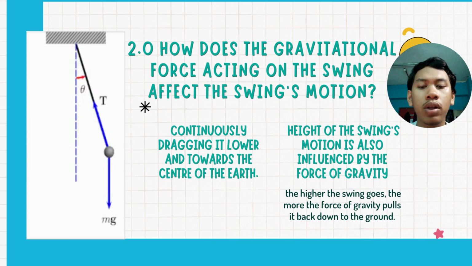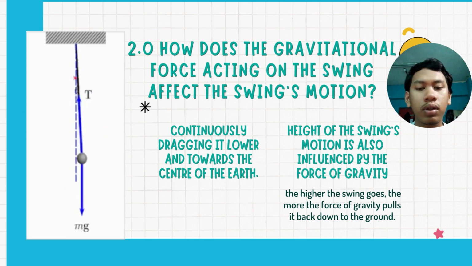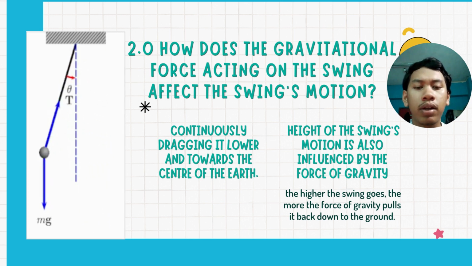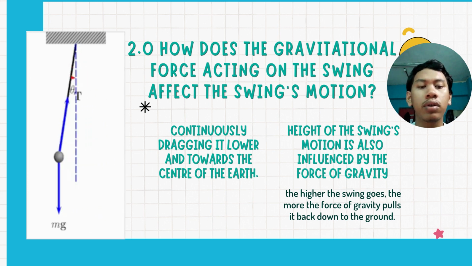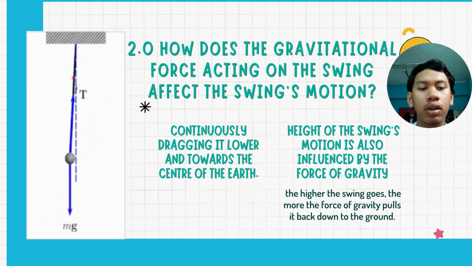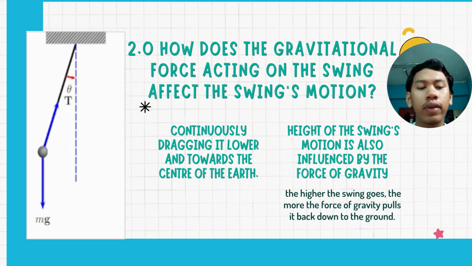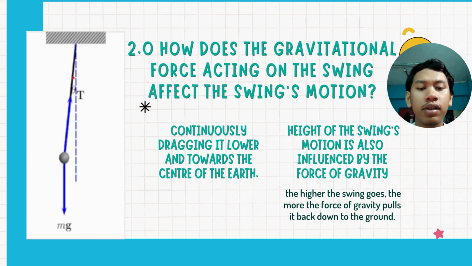So, what is the value of g? The g is 9.81, but this value may change depending on the altitude that we are at. So the value on Mount Kinabalu and at sea level may actually be different.